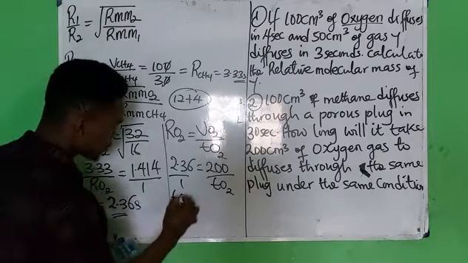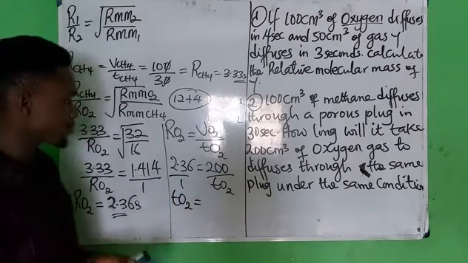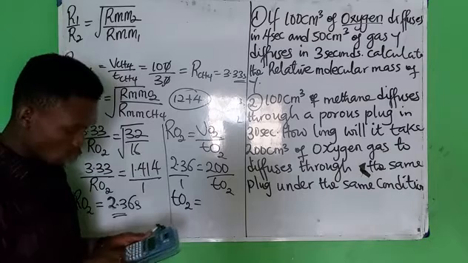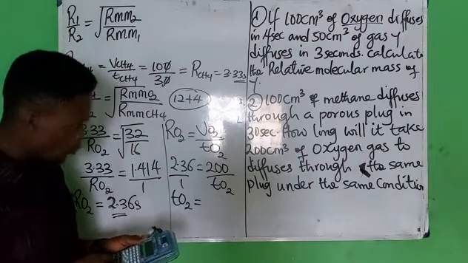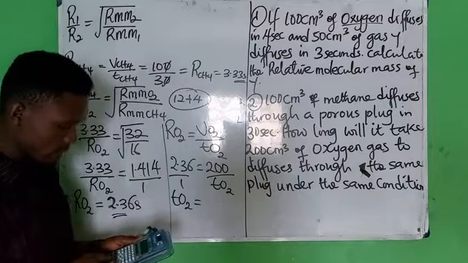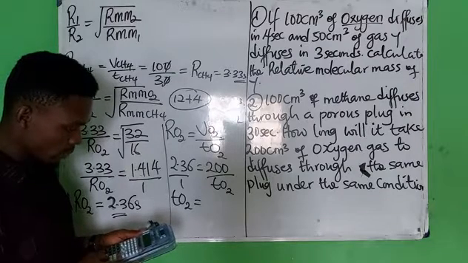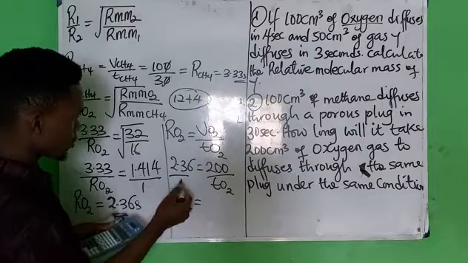Therefore, time of oxygen equals 200 divided by 2.36, if I cross multiply.